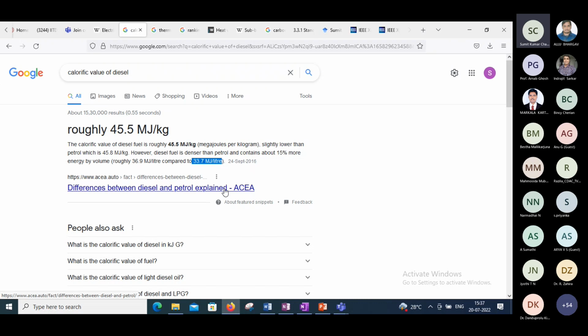Just as I said, this is a participation-based course, or I want to treat this as a knowledge sharing session. So how much megajoule is 1 kilowatt hour? Very simple calculation here. I want you to participate, so that will help me to move faster.